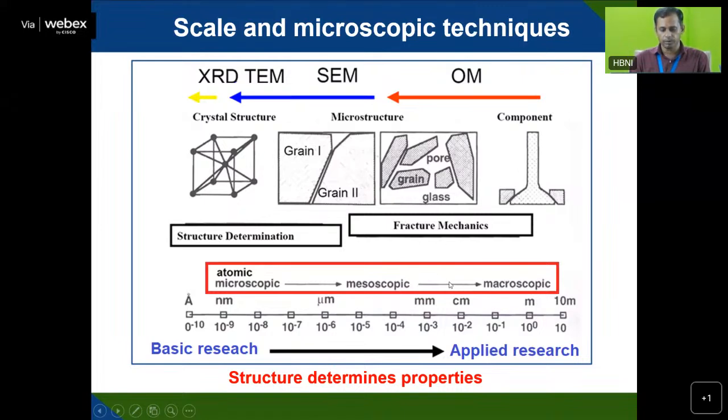This type of mesoscopic and microscopic information, as well as atomic information, you can get from TEM, from AFM a little bit, and for optical microscope you can get mesoscopic or microscopic information. So you have both basic to applied research in all these things. These microscope techniques are widely used.